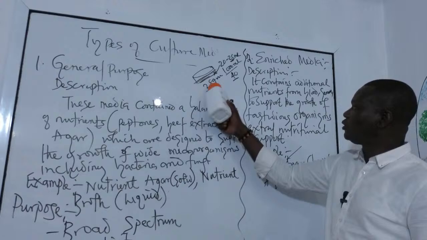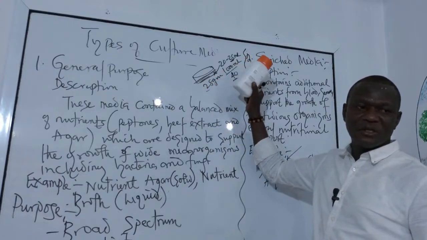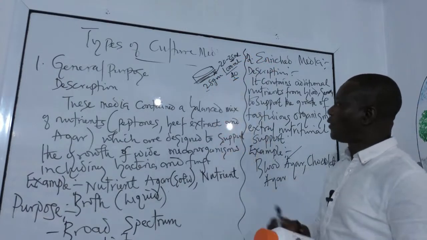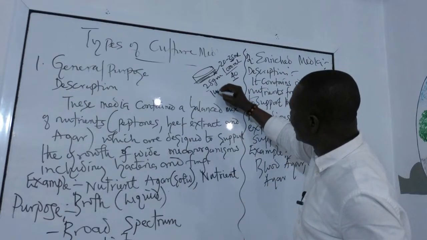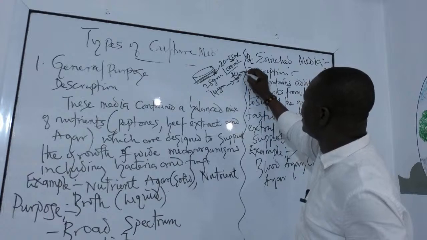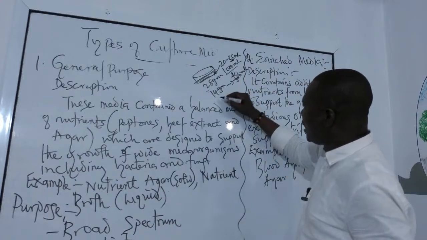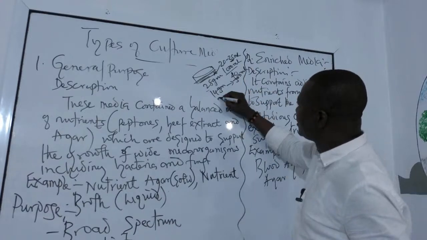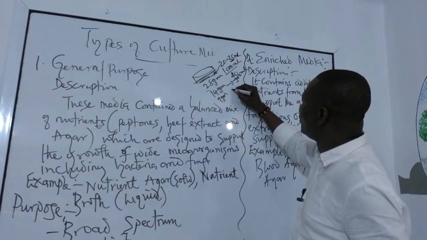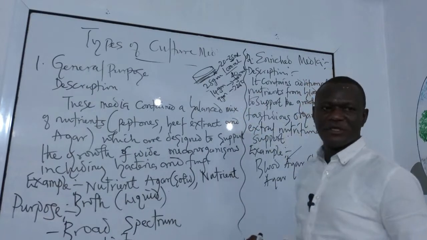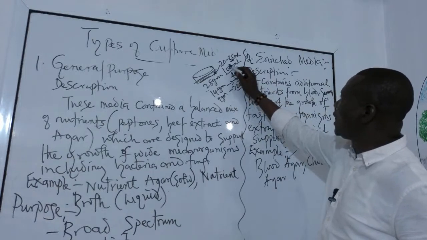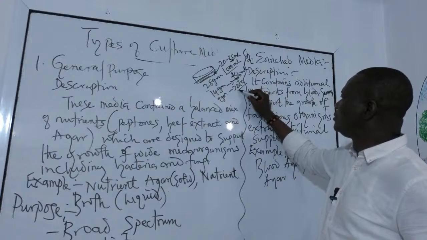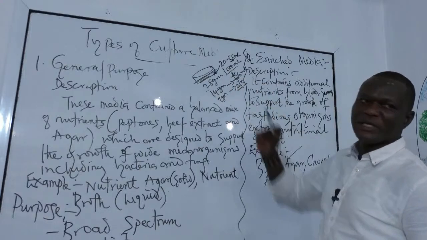So when you dissolve 28 gram in 1000 milliliters, that means 14 gram is for 500 milliliters. Half of 14, that is 7 gram, we go for 250, and that 250 will mean that you are going to have 10 petri dishes.